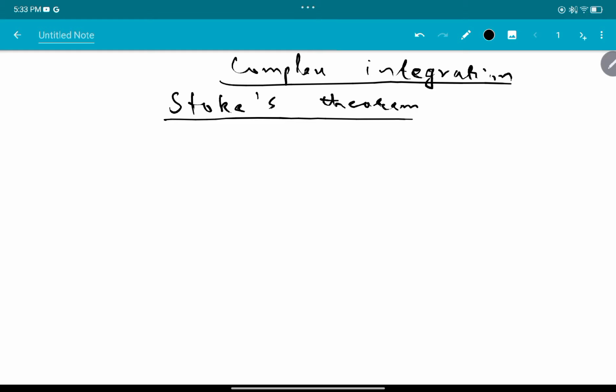Now, in Ampere's law, imagine the point that I am showing here. Imagine there is a straight wire going upwards from the screen, and it carries a steady current I. It will produce a magnetic field around it.